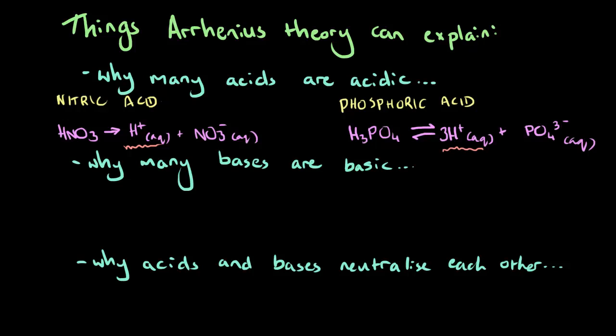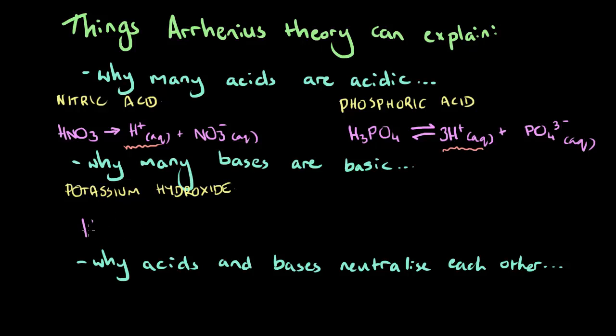Similarly, you might need to, in a test situation, explain why certain substances are basic using Arrhenius theory. For example, potassium hydroxide, and in these situations you would do a dissociation equation.